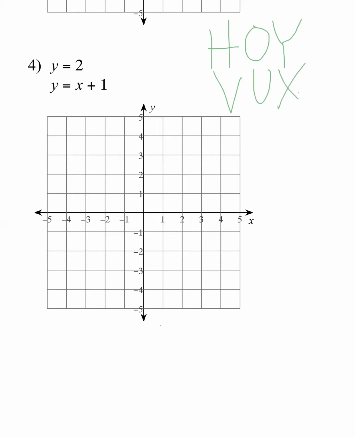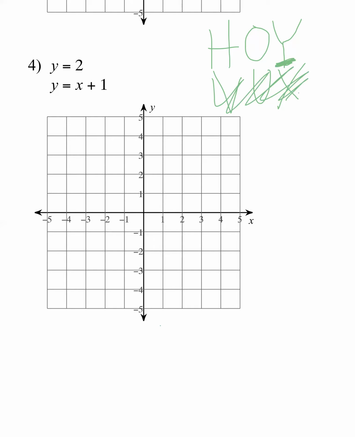Did that pop into your head? I'm hoping. If it did, great. Okay, so I have y equals 2. So am I dealing with Hoy or am I dealing with Vox? So hopefully you said Hoy because I have y equals, right? So my last letter is a y, so that means I'm dealing with y equals.